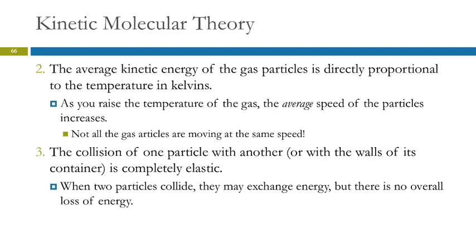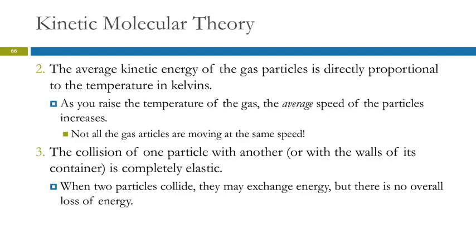The average kinetic energy of the gas particles is directly proportional to the temperature in kelvins. Now, as with the other gas laws, we always talk about gases in terms of kelvins because the Kelvin scale does not have any negative temperatures. Average kinetic energy is one definition of temperature.